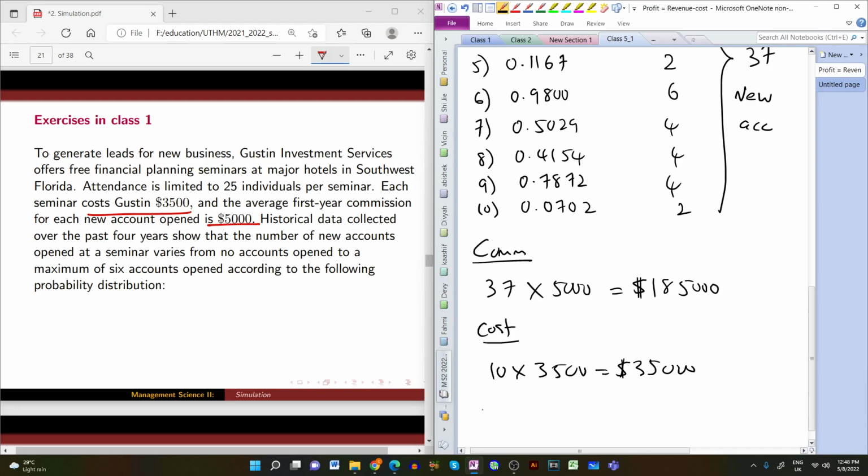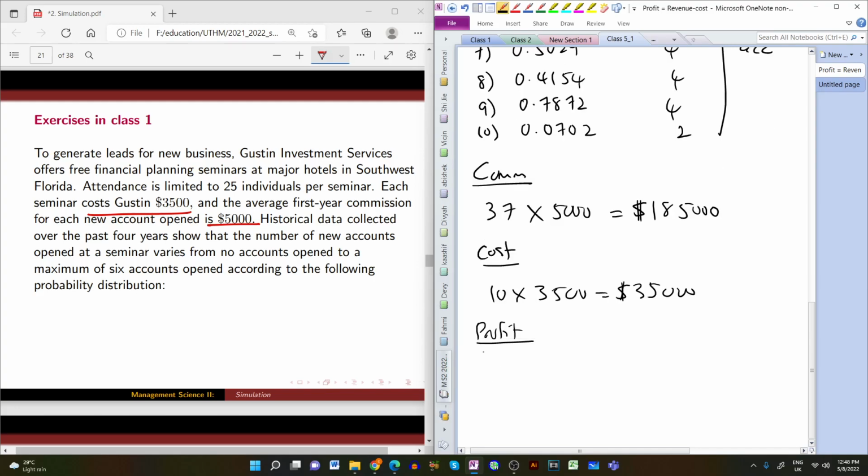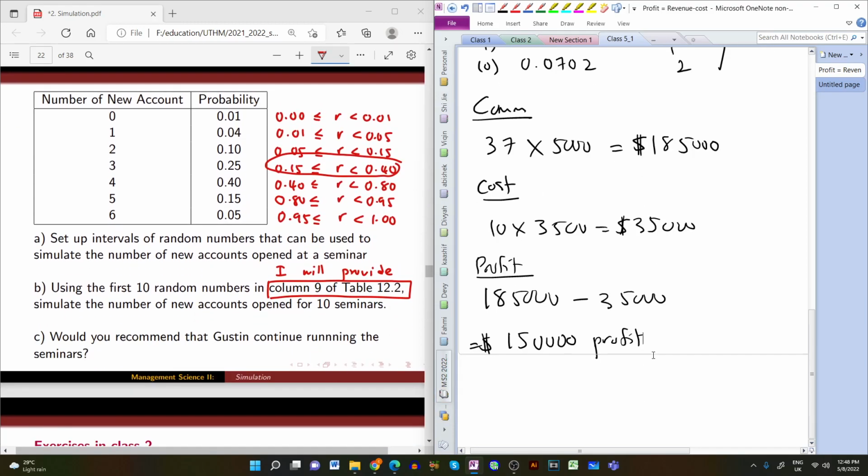So basically the profit is the commission minus 35,000, you are getting 150,000. Still you have profit here. So the answer is you will recommend Gustin continue running the seminar. You write in your own words.